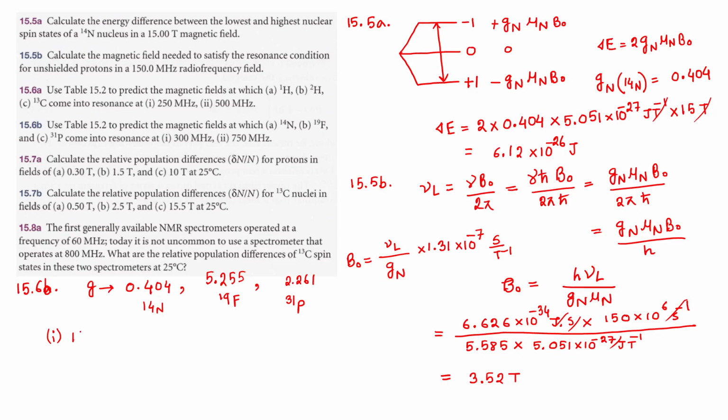Okay. So here for 14N at the Larmor frequency of 300 megahertz, and G we know, so then it is 300 into 10 to the power 6 second inverse into 1.31 into 10 to the power minus 7 seconds divided by the G factor, which is 0.0404 for 14N, and your B0 would be something around 97 Tesla.